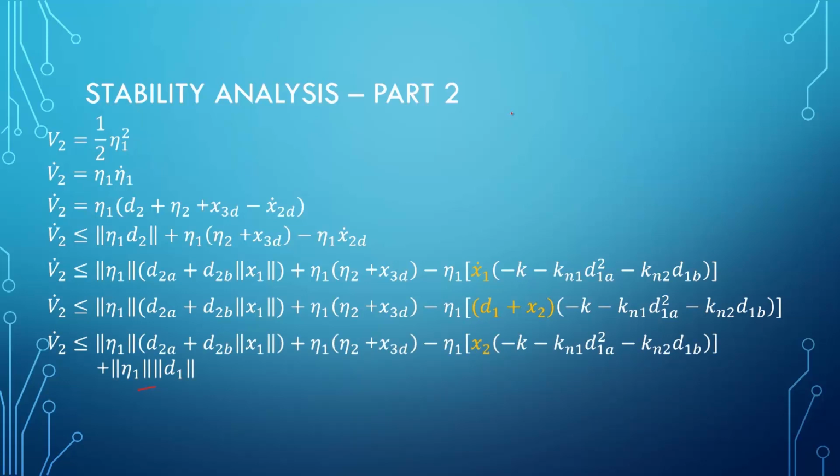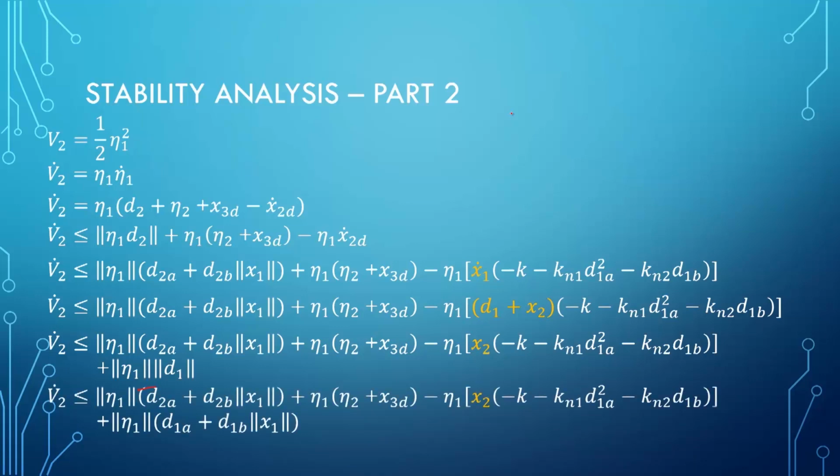d1 times eta 1 can be further bounded by this, and the d1 norm is upper bounded by another constant plus a constant times the x1 norm. That's given by the problem we are trying to solve, right?